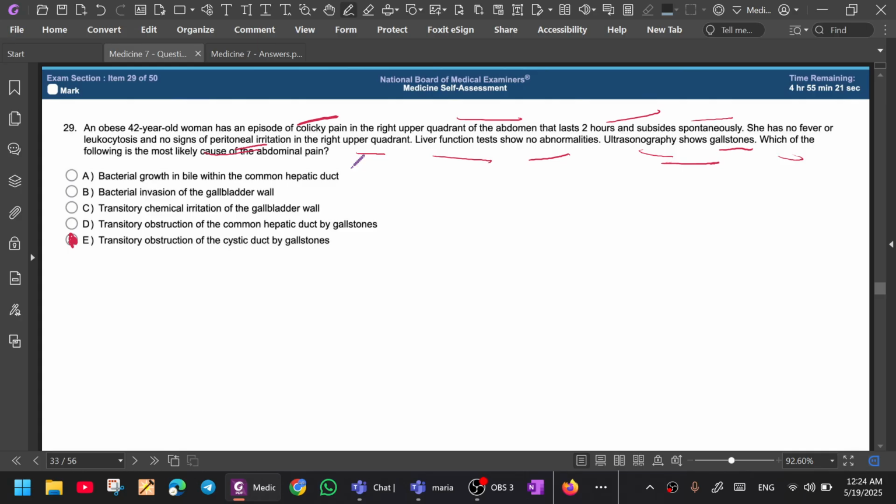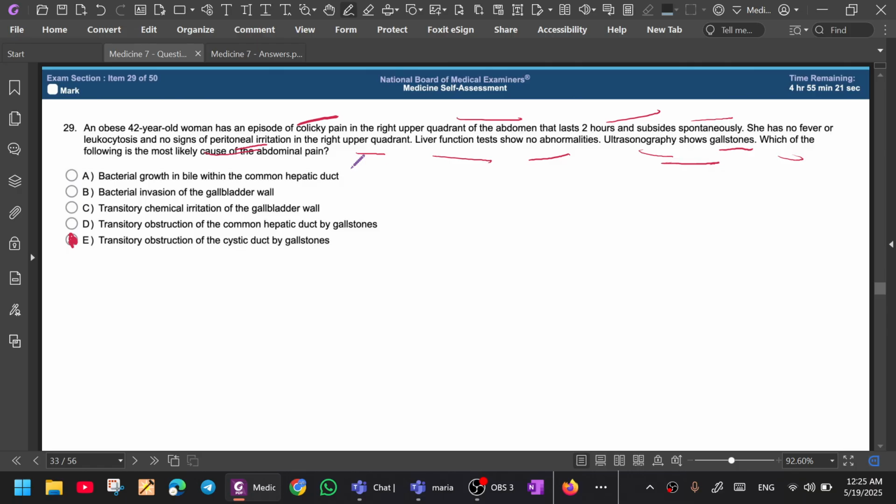Option A is cholangitis, infection of the biliary tree in the common bile duct. So if there is bacterial growth in the common bile duct, that is cholangitis. And bacterial invasion of the gallbladder wall, what does it mean?